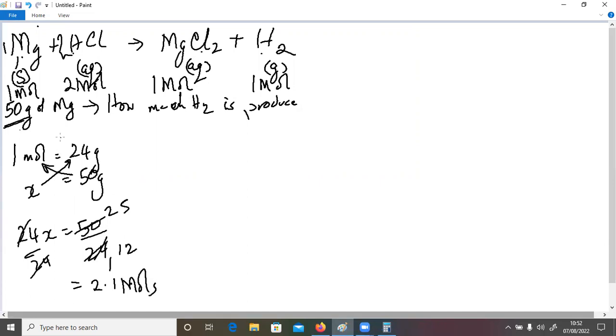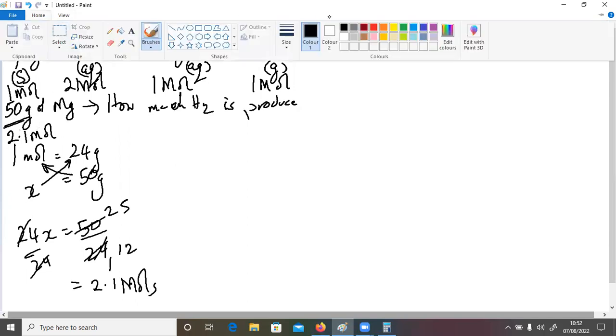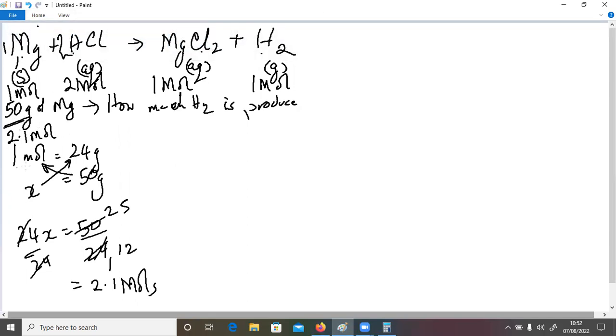So in our equation, 2.1 moles of magnesium was used, and we can use a different pen here for clarification purposes. 2.1 moles of magnesium was used. So how many moles of HCl were used?